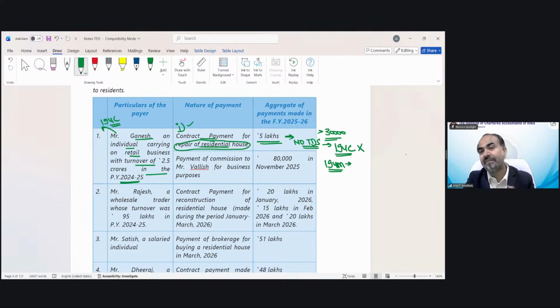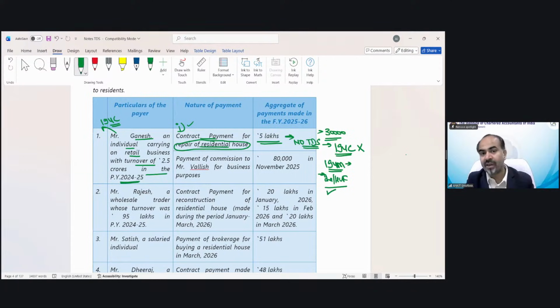It says when an individual or HUF cannot deduct TDS under section 194C, then you can check section 194M. So now under section 194M, TDS could be deducted because this individual or HUF is not able to deduct TDS under section 194C. So this individual is eligible to deduct TDS under section 194M.